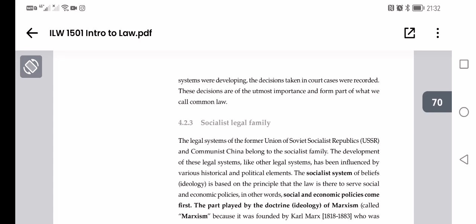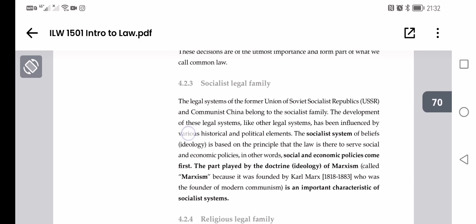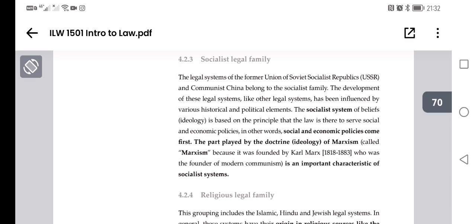Socialist legal family. The legal systems of the former Union of Soviet Socialist Republics (USSR) and Communist China belong to the socialist family.